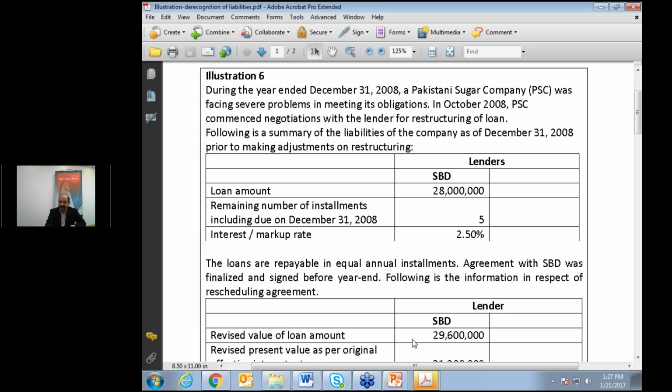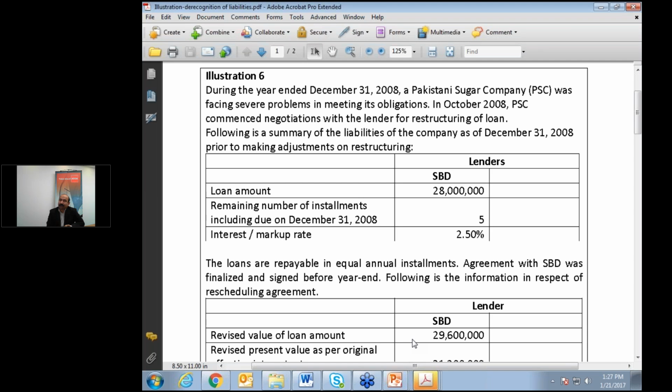So the example is, during the year ended 31st December 2008, a Pakistani sugar company, PSC, was facing severe problems in meeting its obligations.